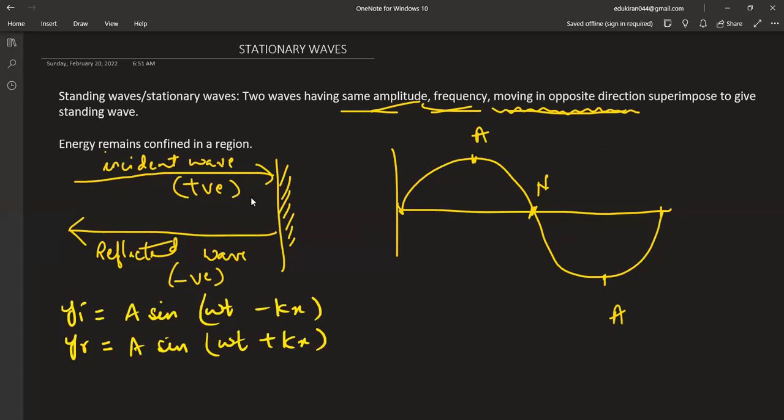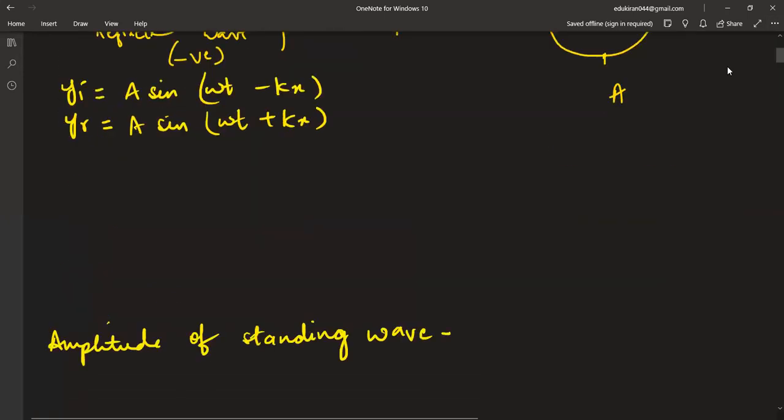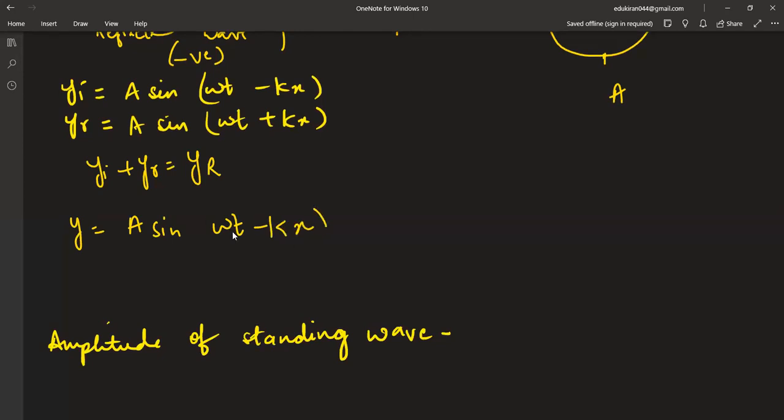Now see, if this is the incident wave and this is the reflected wave, the incident wave will be a sine omega t minus kx. The reflected wave will be a sine omega t plus kx. So incident plus reflected is equal to the resultant. Y is equal to a sine omega t minus kx plus a sine omega t plus kx.